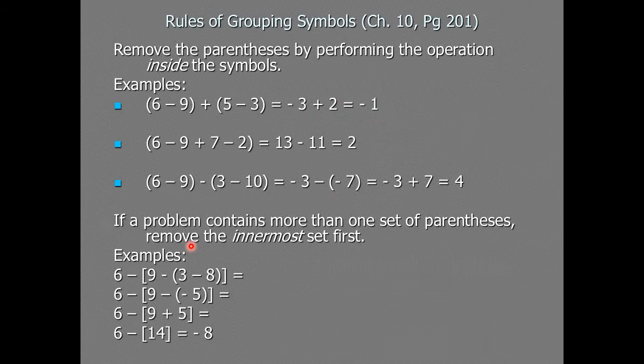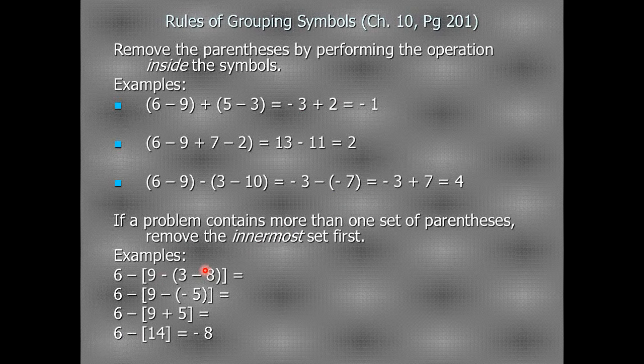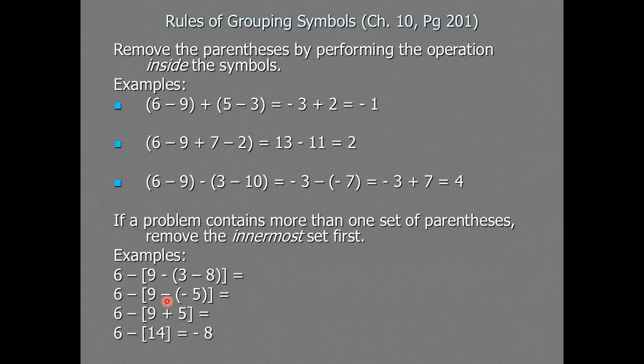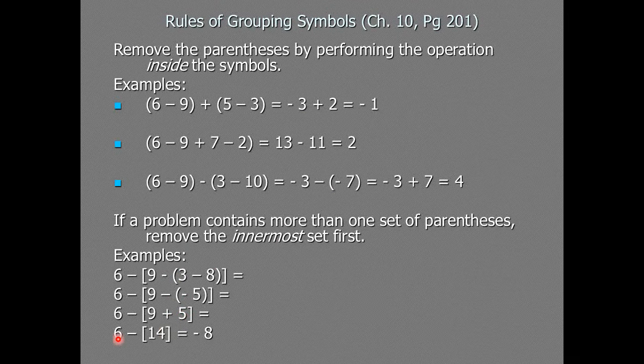Now, if the problem contains more than one set of parentheses, we always take care of the innermost first. So this is the innermost, right? We took care of that first. And then we remove the parentheses, negative makes it positive, then we again take care of this, because we always take care of the parentheses first. 9 plus 5 is 14, and then at last we are doing 6 minus 14, which makes it -8.